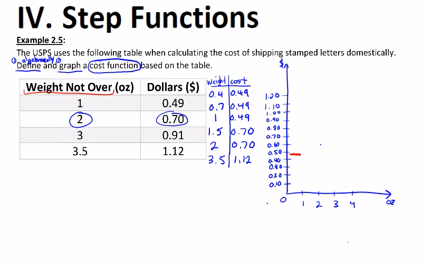But notice that I've stopped short of 0 from the horizontal axis right here. And the reason why is that it doesn't make a whole lot of sense to have something that weighs 0. Even if I was to go into the Postal Service and say, I want to mail a package of air, the package itself still weighs something.